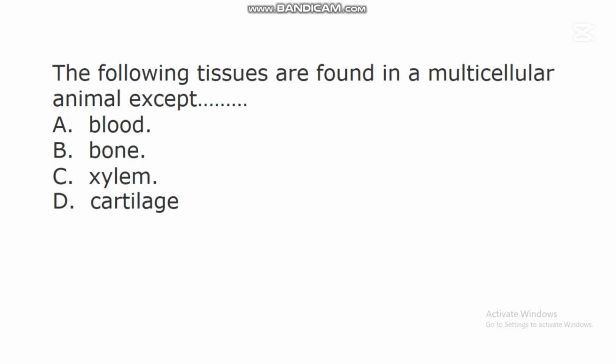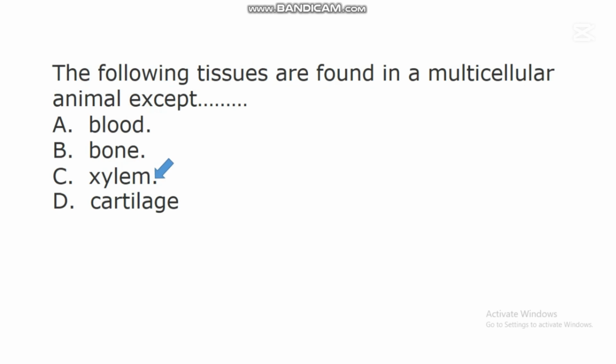The next question says, the following tissues are found in a multicellular animal except dash. A. Blood. B. Bone. C. Xylem. D. Cartilage. In this question, the correct answer is C. Xylem.